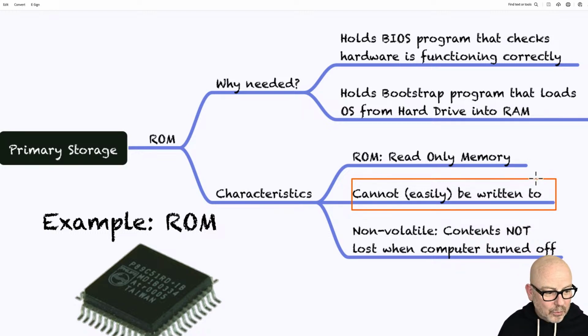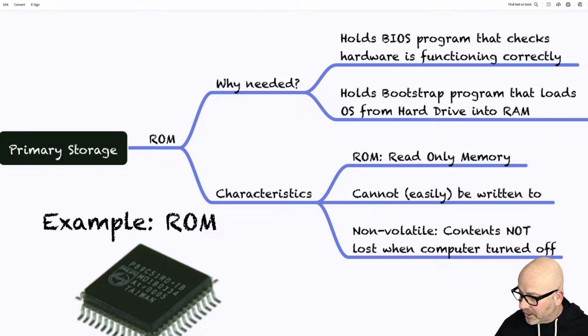You need to make sure that you know what you're doing with that, because it is very easy to completely muck up your computer doing that. Not that I speak from personal experience, but it is remarkably simple to do, so just bear that in mind. Okay, so it's non-volatile. In other words, the contents aren't lost when the computer's turned off. They will check to make sure you know what volatile means.